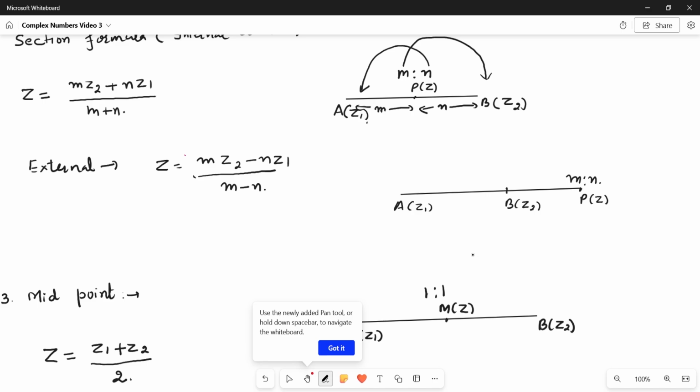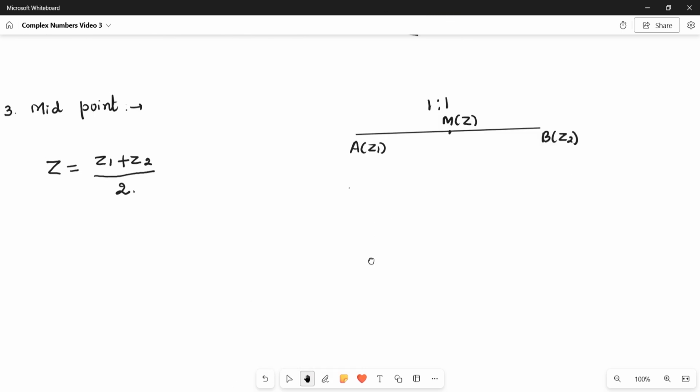And when it divides externally, then this is n, and from A to P it is m. This is the external division. Now this is the midpoint.